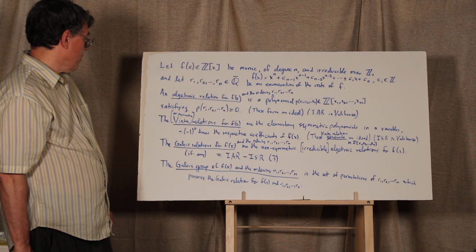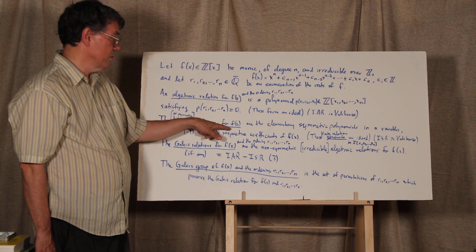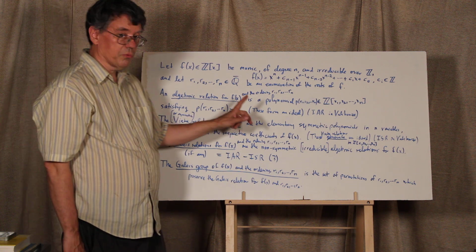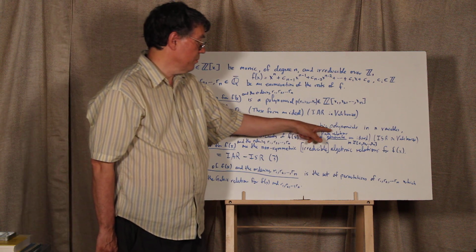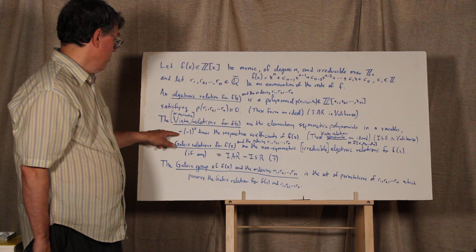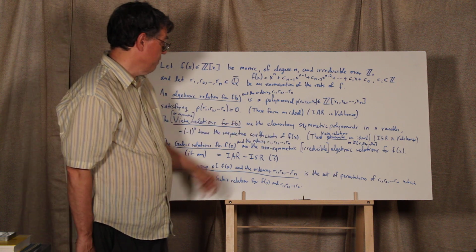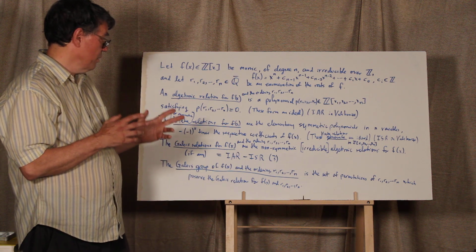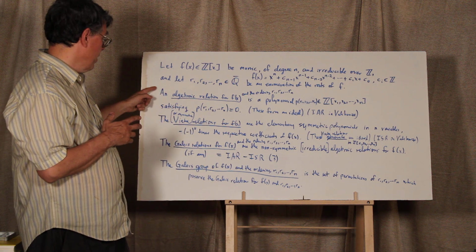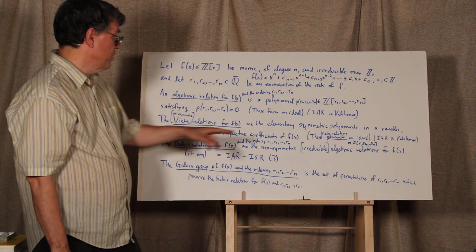Okay. The symmetric or Vieta relations for f of x are, as we've seen examples of in the previous slide, the elementary symmetric polynomials in n variables, minus 1 to the k, times the respective coefficients of f of x. So what we have here are algebraic relations that are generic for any polynomial. They generate an ideal.